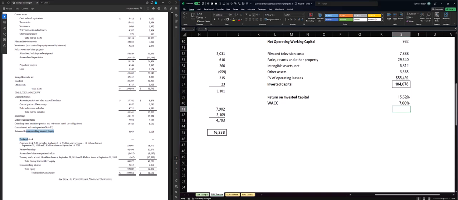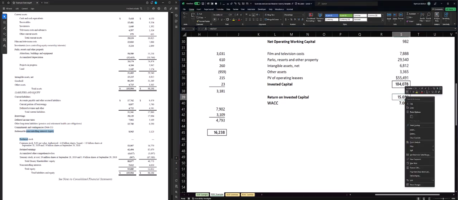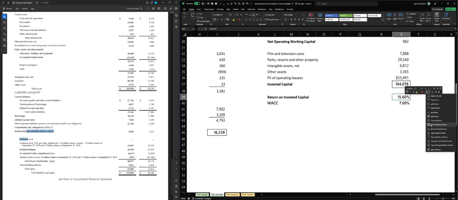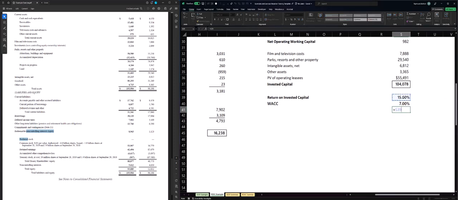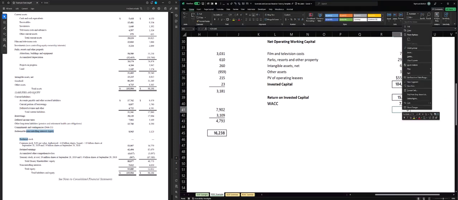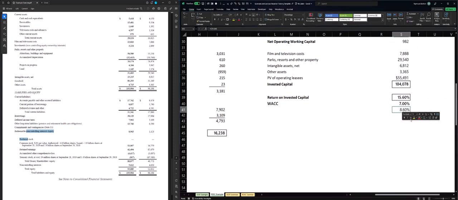Meaning the spread is positive. So the spread is positive since ROIC is greater than WACC.